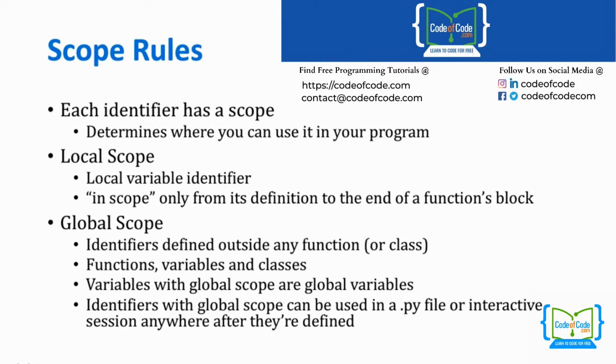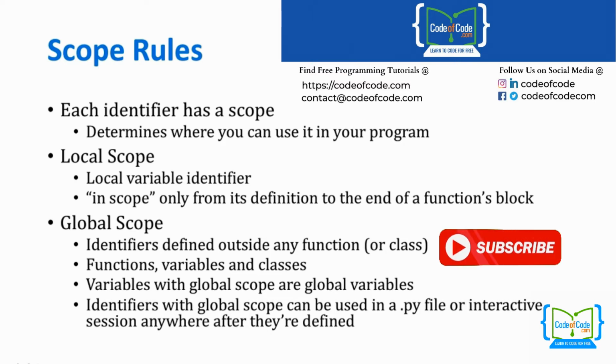So global scope identifiers would be things like standalone functions that we've defined so far, variables that we've defined outside of functions so far, for example at the in prompt in an interactive IPython session, or just outside of any functions in any of our scripts so far. And classes typically will have global scope as well, though you could nest these items within one another, so that also can affect their scope.